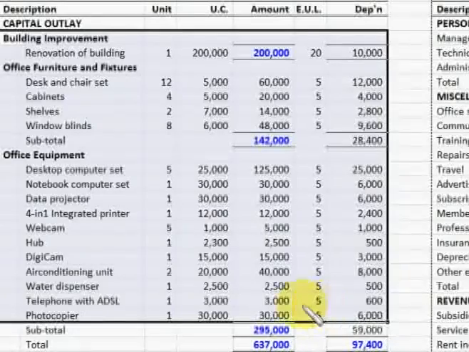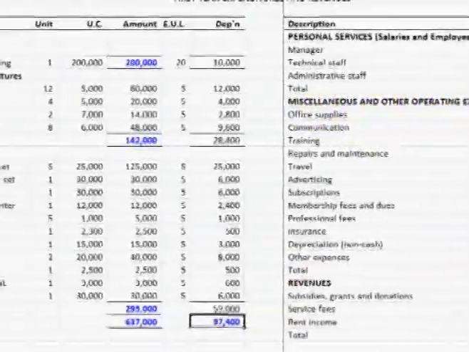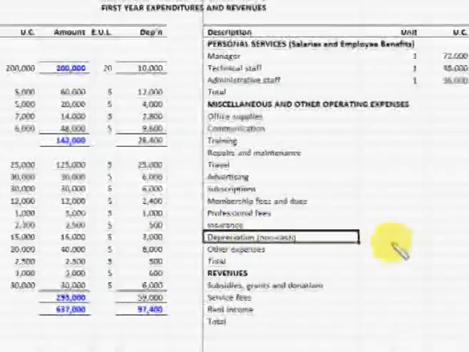So for the building renovation, the estimated useful life is 20 years, and for the rest, 5 years. In order for us to get the depreciation for a period of 1 year, we simply divide the cost by the estimated useful life, and we get the depreciation for 1 year. The total depreciation that we derive here is forwarded in the miscellaneous and other operating expenses under this account title depreciation.